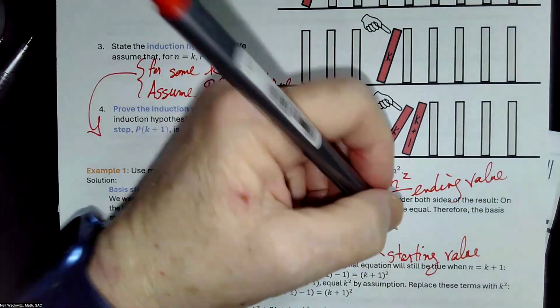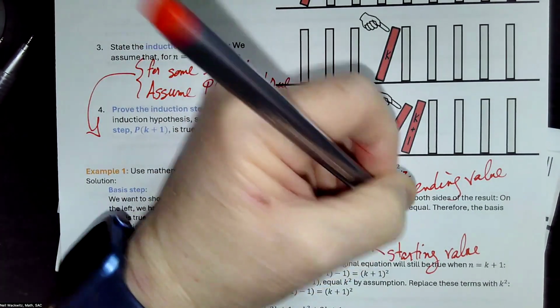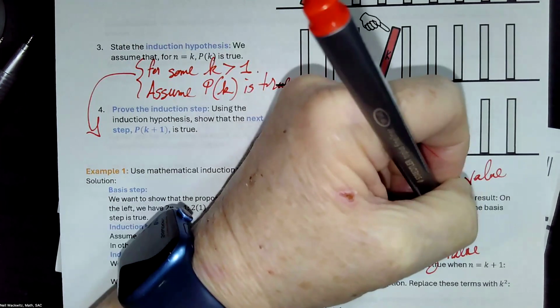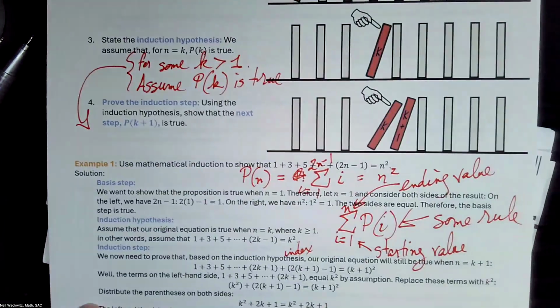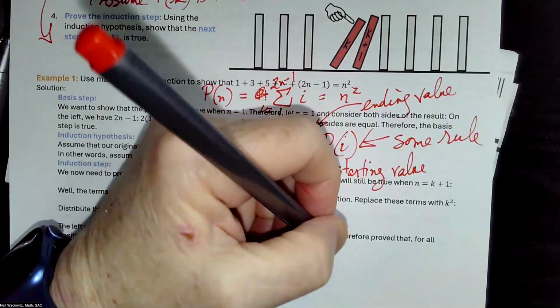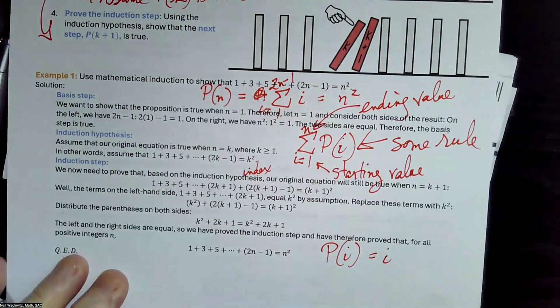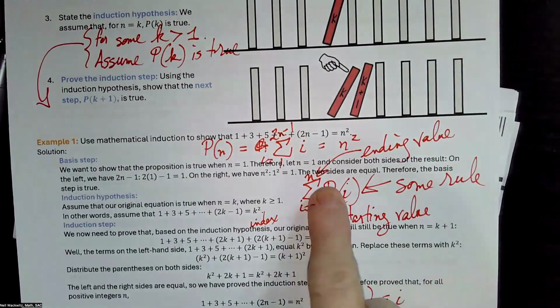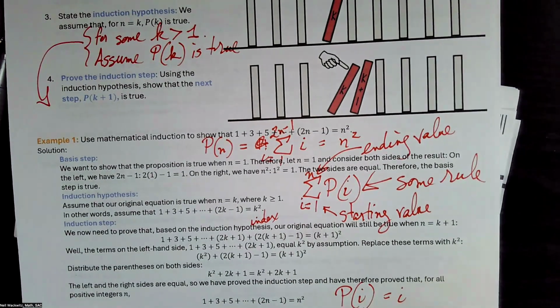And then we've got some kind of rule. So in our example, the rule is just i. And this notation is called sigma or summation.